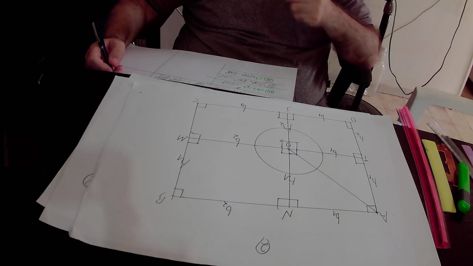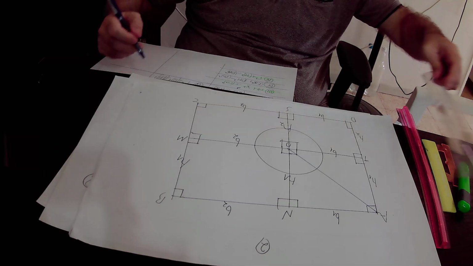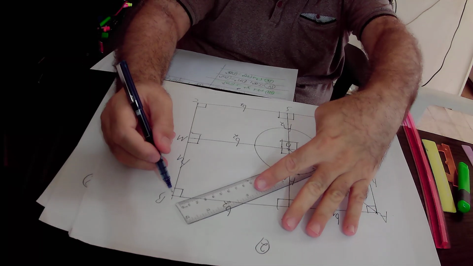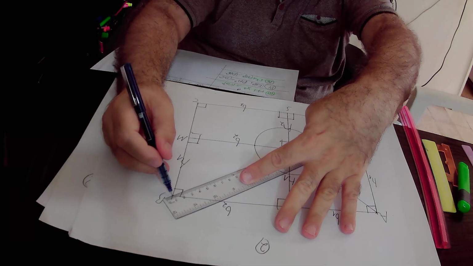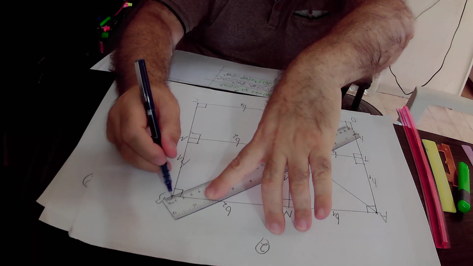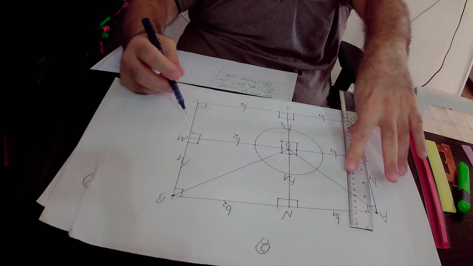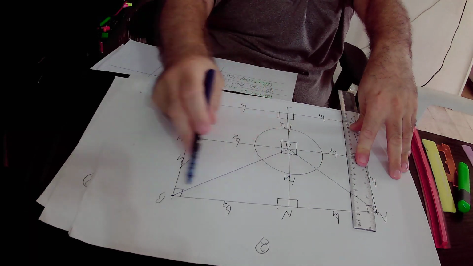Likewise, we join points O and B together by a straight line. And we will focus on the right triangle NBO.